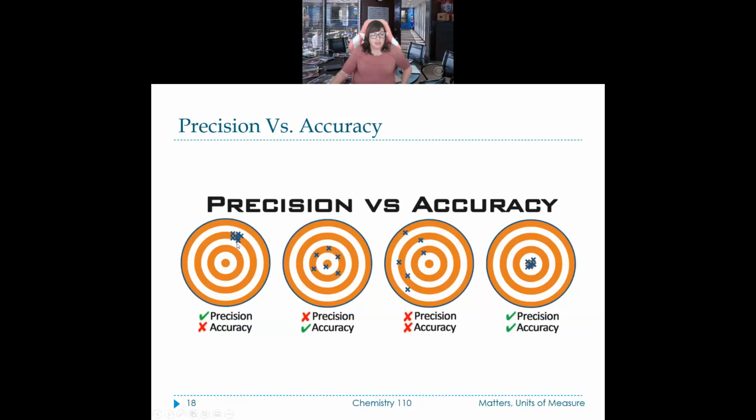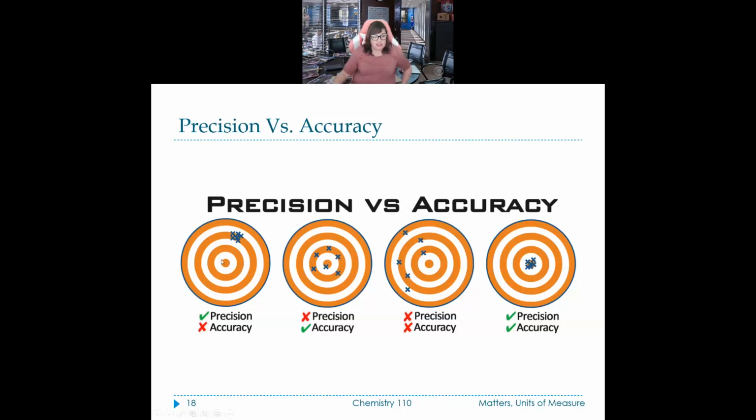Now, you'll see that this first group is listed as precise, but not accurate. So they're precise because they're all very close together. So that means that they're repeatable. Precision has to do with repeatability, all right? But if we're trying to measure a specific thing, we aren't measuring it, okay?